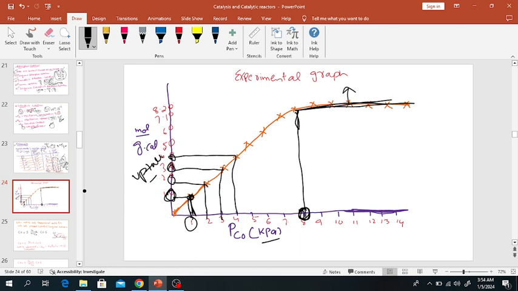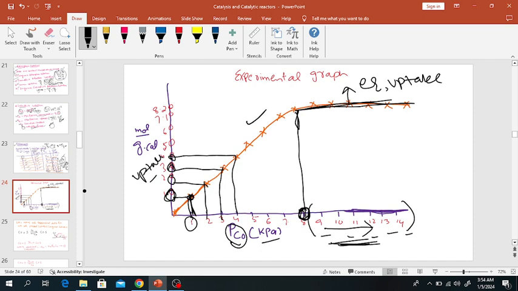So this is the equilibrium uptake of the catalyst, and after this point these are the equilibrium partial pressures of carbon monoxide: 9, 10, 11, 12, 13, 14. So this is a graph which we obtained from our experiment, our experimental graph.